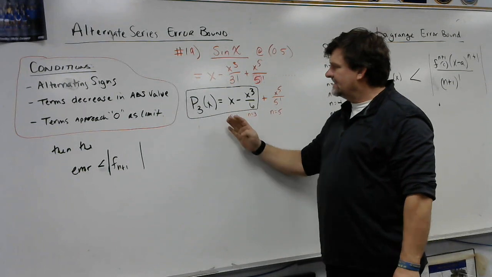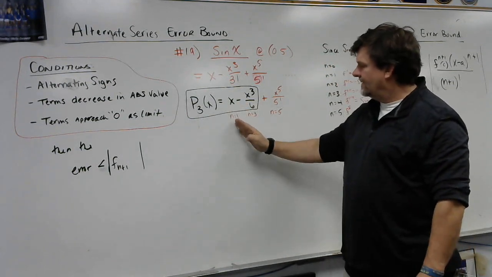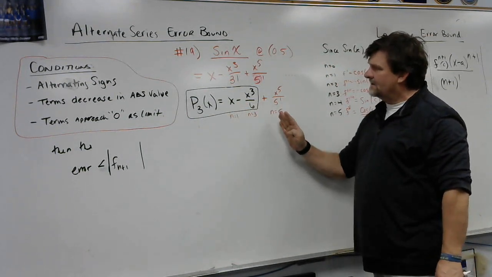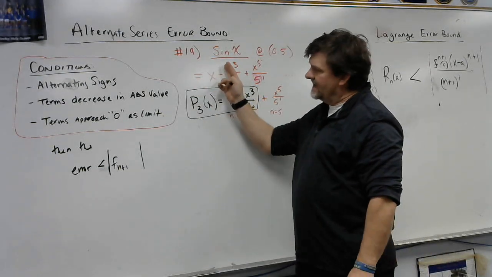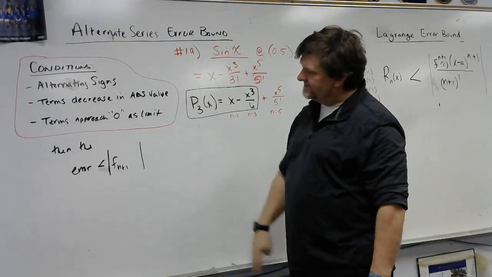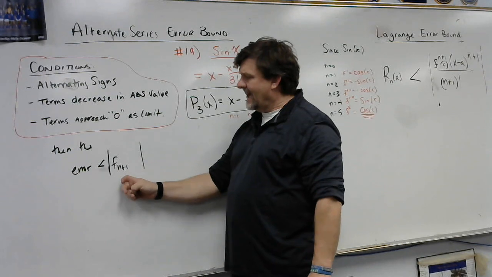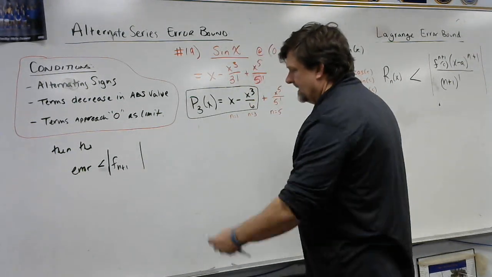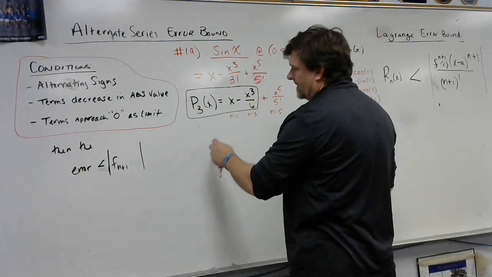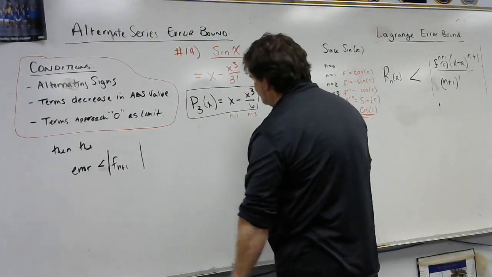So when we're looking at this, we're looking at the alternating series for sine, which meets all these conditions. So we can have the error being less than this. We would go to the next available term.